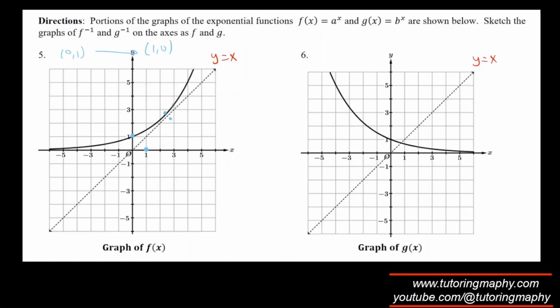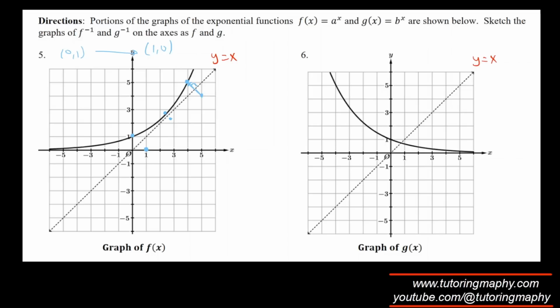The reason why I said reflection is because you can just drop a perpendicular to the other side. For example, if I want to find the corresponding point of this one on the other side, then you drop a perpendicular to y equal to x and then extend it with the same length on the other side like this.